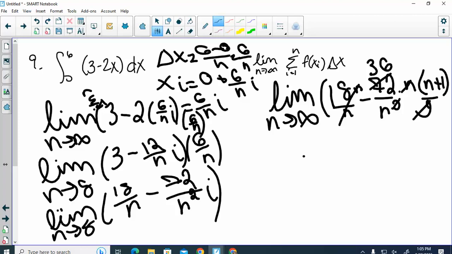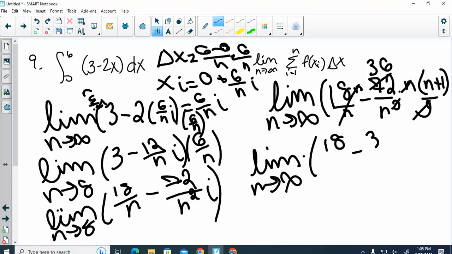Then you get the limit as n approaches infinity of 18, since the n's cancel, minus 36 n over n plus 36 over n.